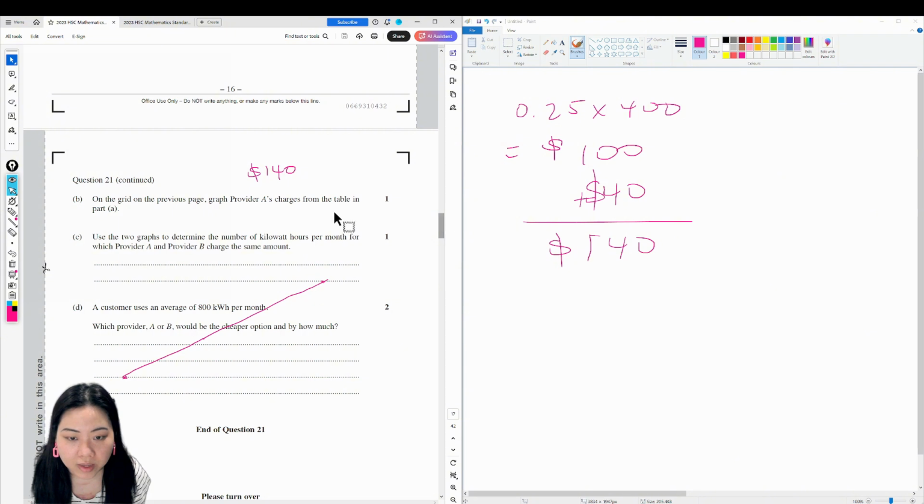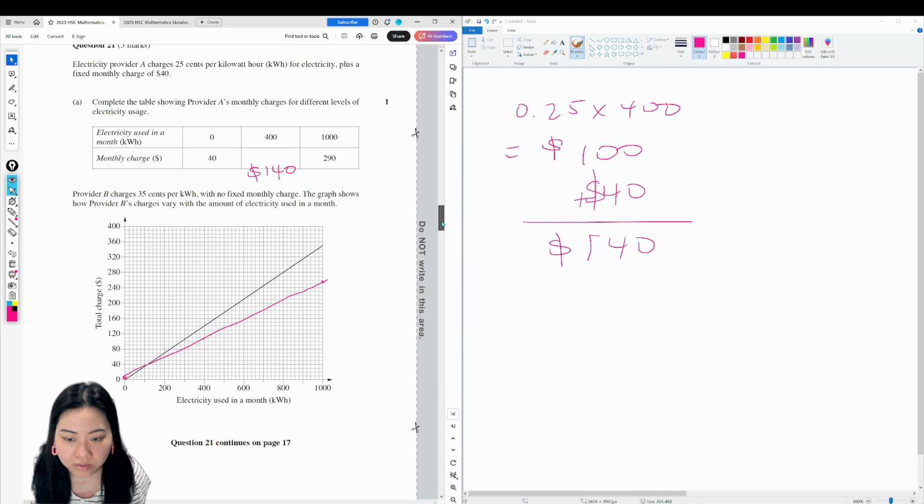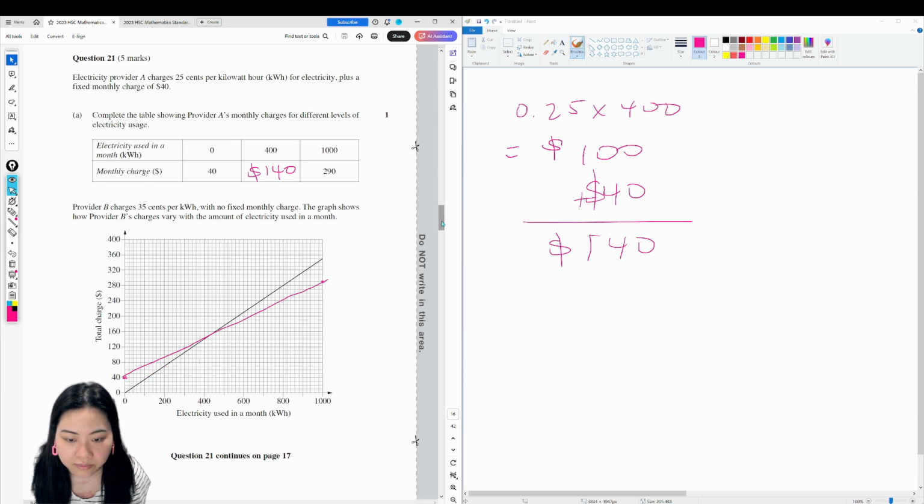That's okay. Use the two graphs to determine the number of kilowatt hours per month for which they charge the same amount. And that will be where it crosses. It crosses at 400 kilowatt hours.